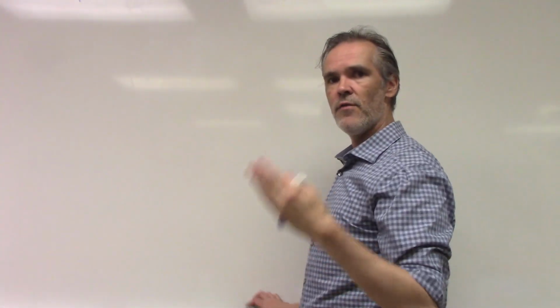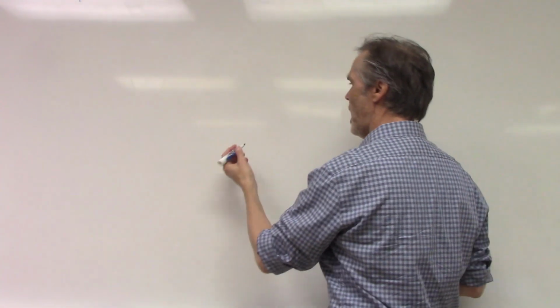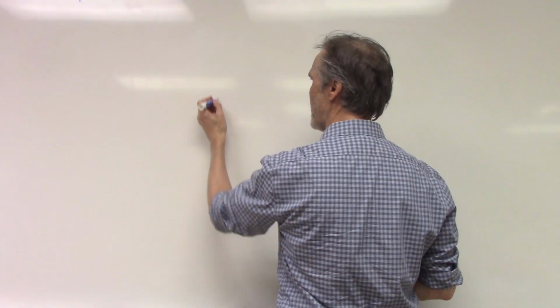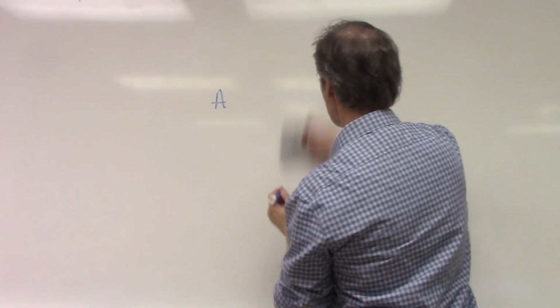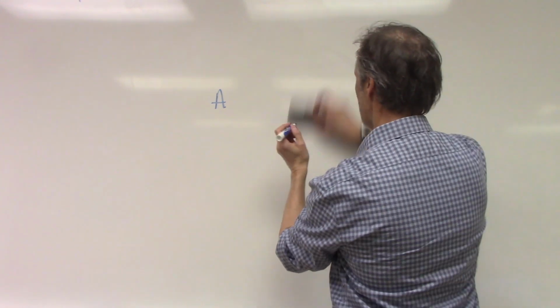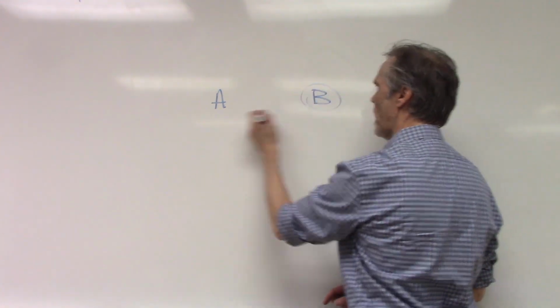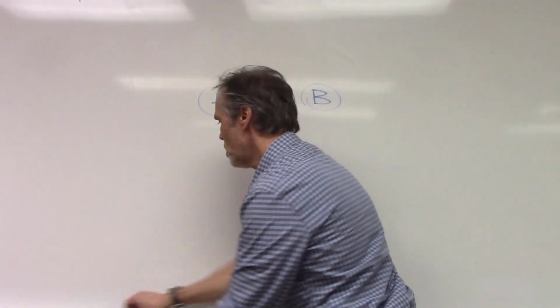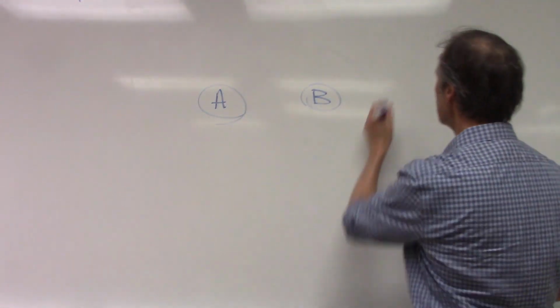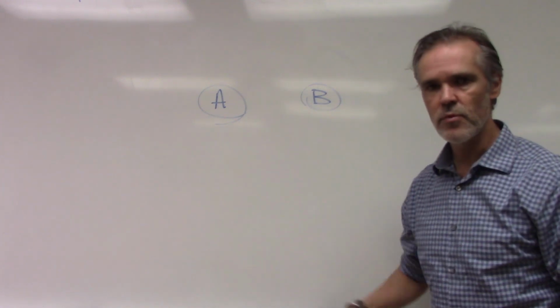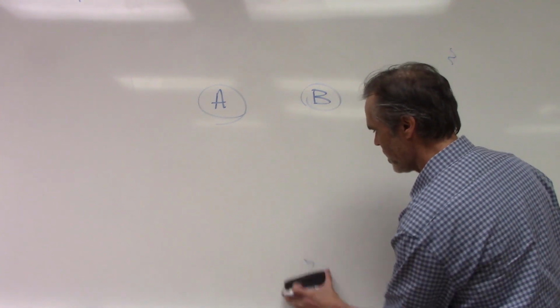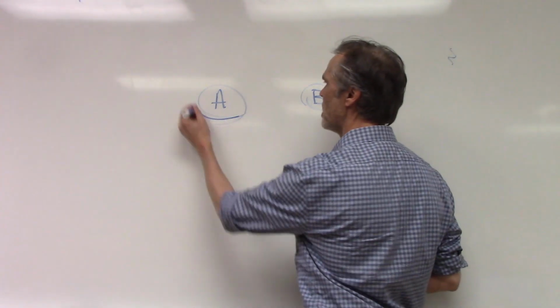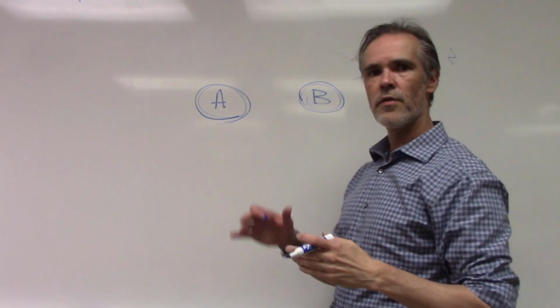So let's imagine that we have two different atoms. Let's call them atom A and atom B. Let's say that atom A has electrons on the outside.